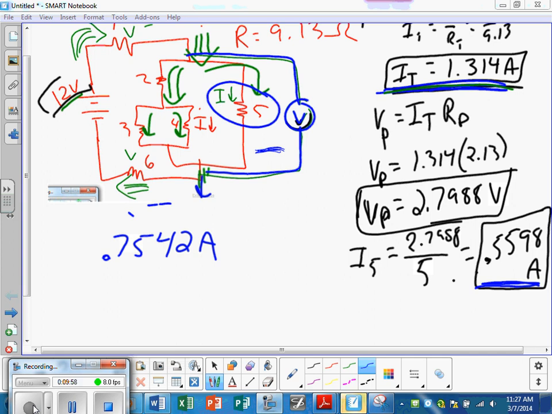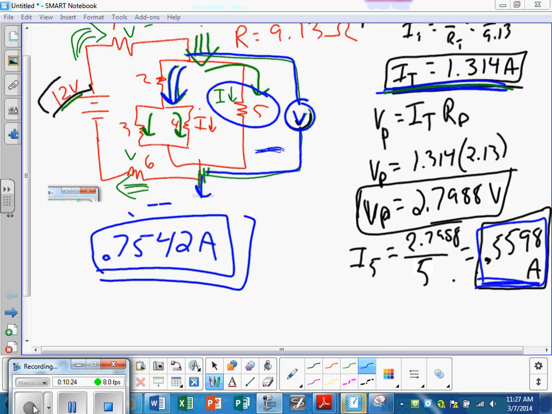Any questions on how we got that? Or wait, I'm sorry, did I screw that up? Yeah, thanks Kaylee, it's 0.5598 amps. Anyone have a question on how we did that? Because we figured that out, then we, by default, figured out that the amount of current going through this part is 0.7542 amps.